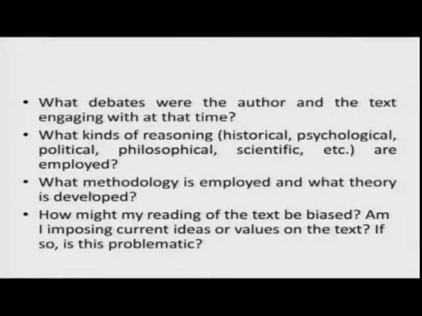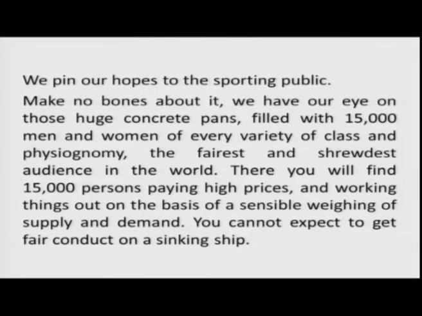Other questions we ask are what methodology is employed and what theory is developed. How might my reading of the text be biased? Am I imposing current ideas or values on the text? If so, is this problematic? So, as mentioned here, Brecht says theatre has to remodel itself along the lines of sports.